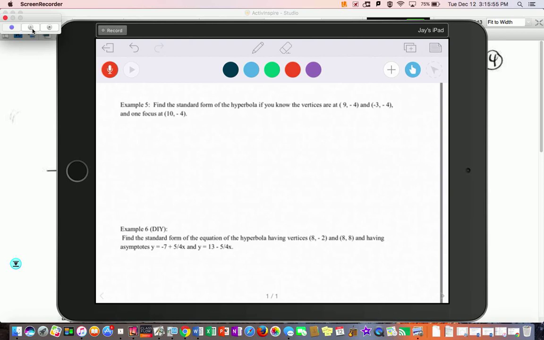All right, these last couple problems are the kind where we're going to draw the picture and then try to come up with the standard form. So I would do something like this, and then we're going, the vertices are at 9, -4.